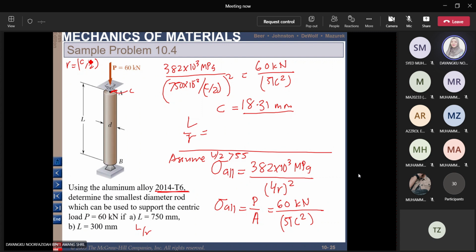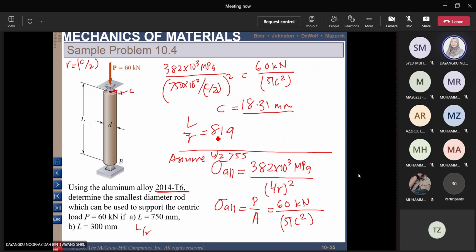And what is the value of L over R? 81.9. Okay, so you will get this value. Alright, does our assumption hold or not? Yes, because 81.9 is bigger than 55.